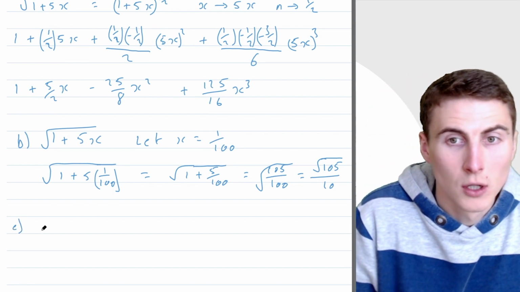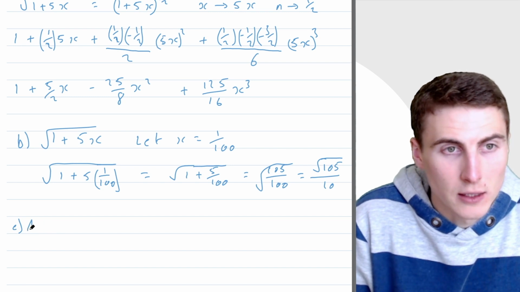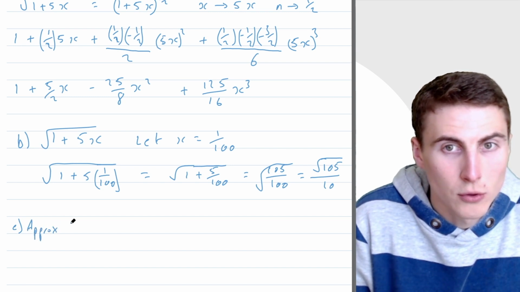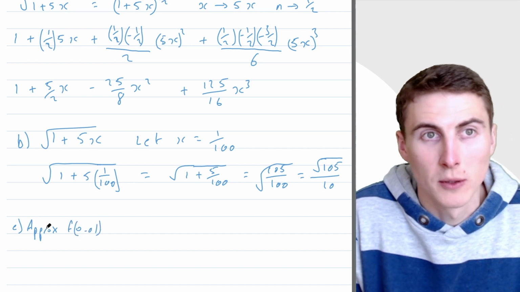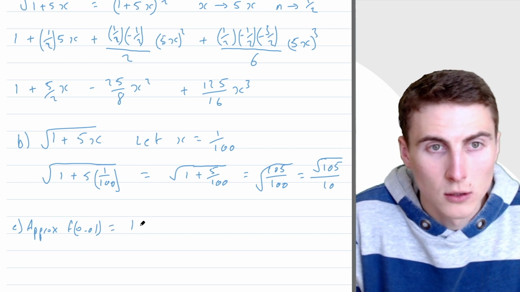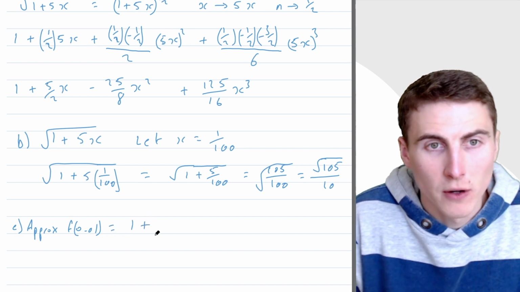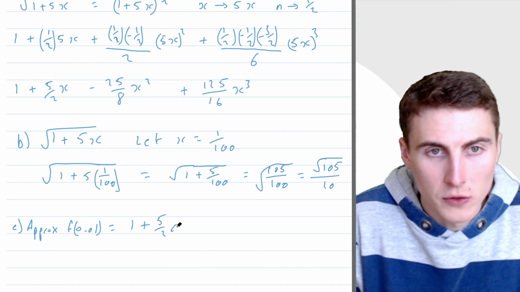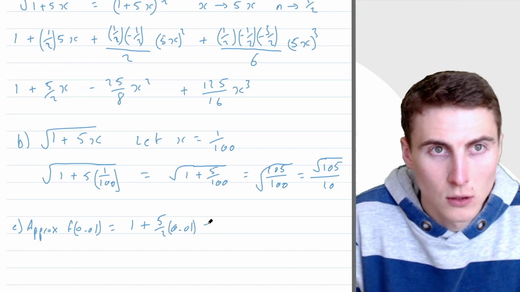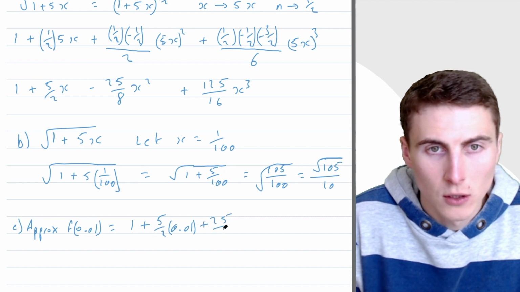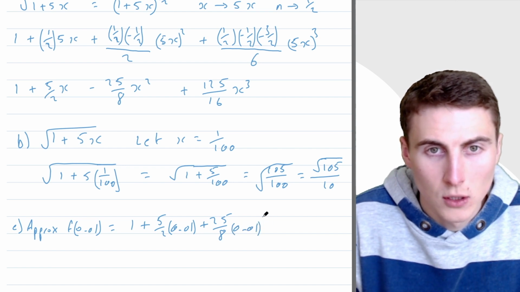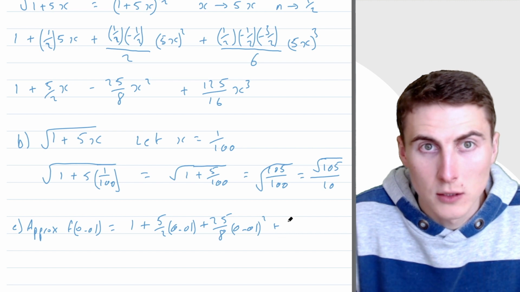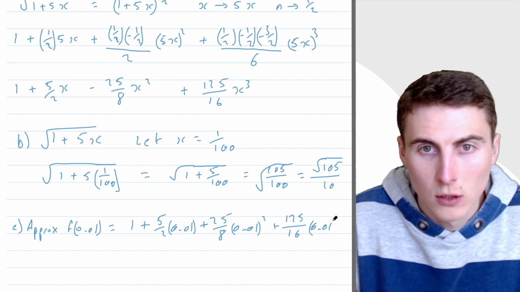So this time, we'd say that the approximate f of 0.01, this is not standard convention, this is just what I put, is going to be equal to 1 plus, and then here we've got 5 over 2 of 0.01, plus 25 over 8 of 0.01 squared, plus 125 over 16 of 0.01 cubed.